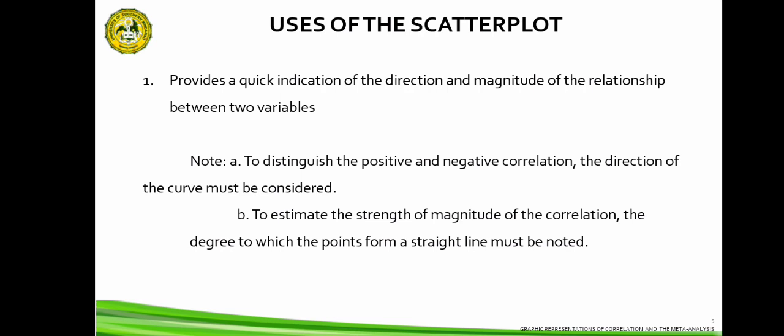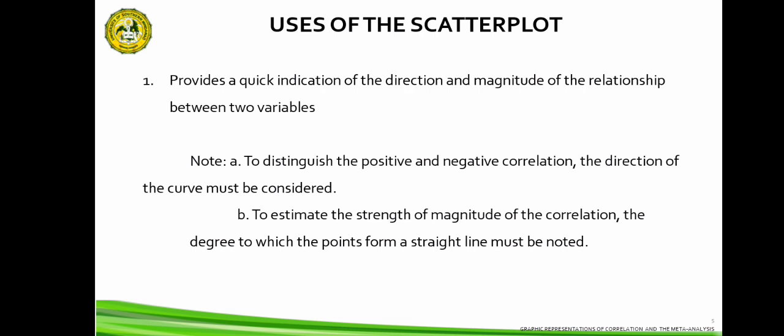The next keyword is magnitude. To estimate the strength of magnitude of the correlation, the degree to which the points form a straight line must be noted. If the data points form a straight line, it indicates that it has a higher strength of magnitude.